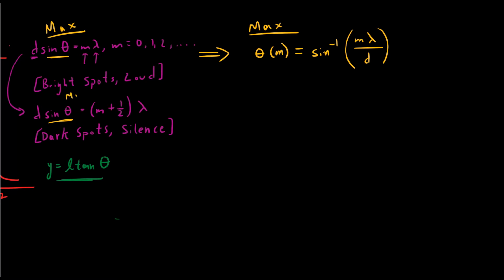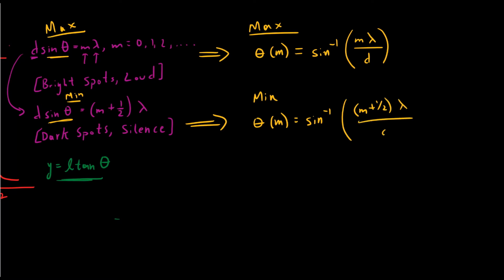Now, if we're talking about our minimum points, we can write it in exactly the same manner, except, bearing in mind, we have a half that shifts our integer value. So, all in all, if we take the two expressions together and write our final equations for these maxima and minima, we get these expressions for the maximum and minimum.